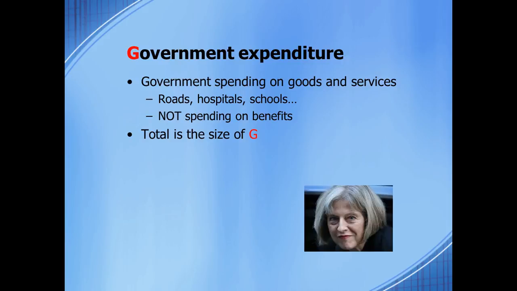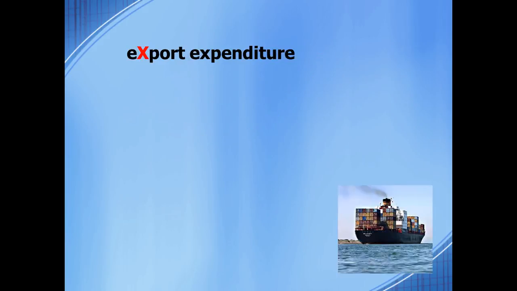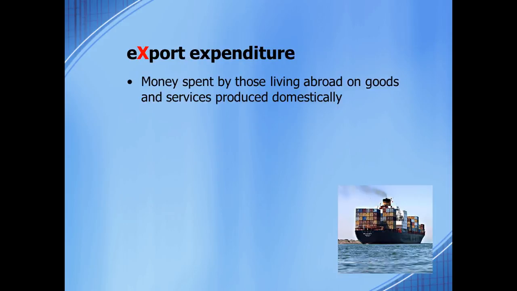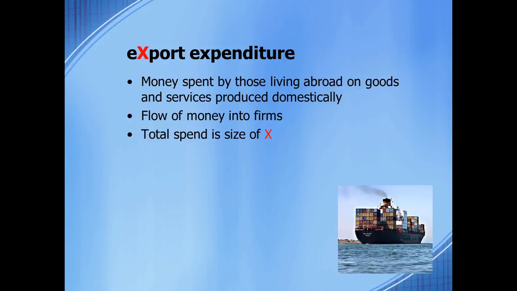The third way money is injected into the circular flow is export expenditure. This is money spent by those living abroad on goods and services produced domestically. So it's the flow of money into firms, and the total spend is the size of X for exports.